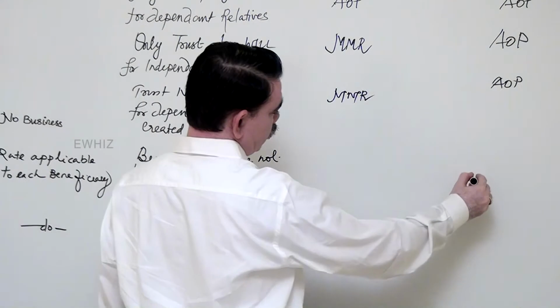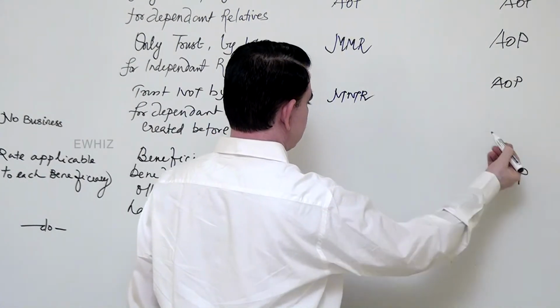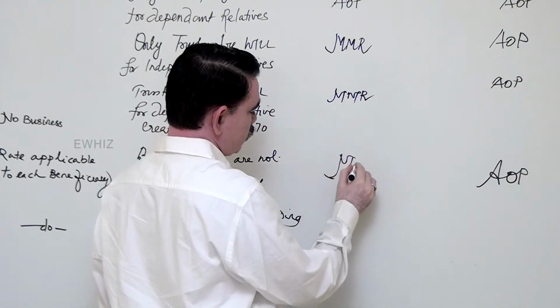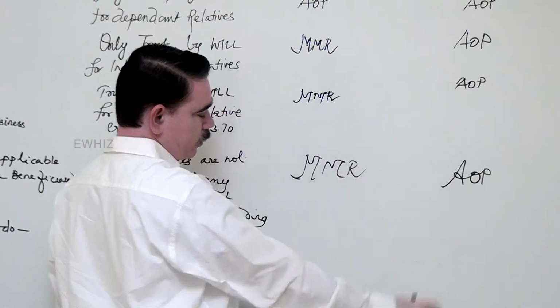In that case, where there is no business, even if the share is unknown, you will have to pay tax at AOP rates. If there is business, then it will be like MMR.